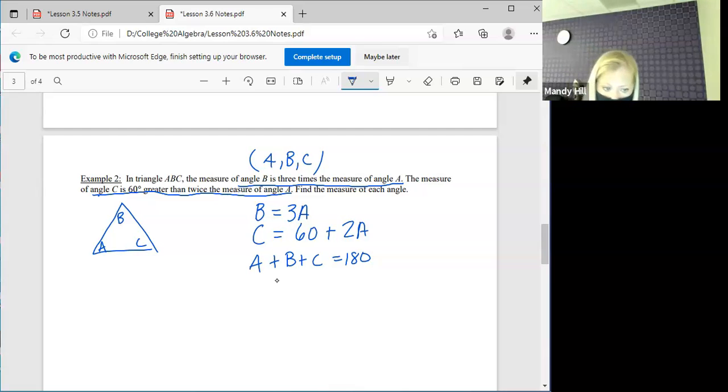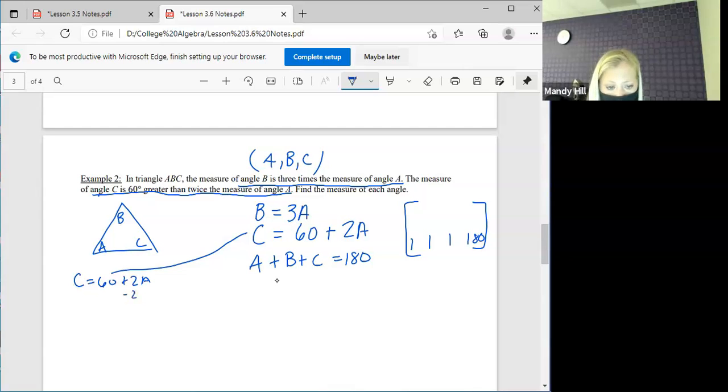Okay, so really quick, if I want to do this on the graphing calculator, this bottom row is already 180. This row right here, I'm going to come over here just real quick to work with this. So C is equal to 60 plus 2A.